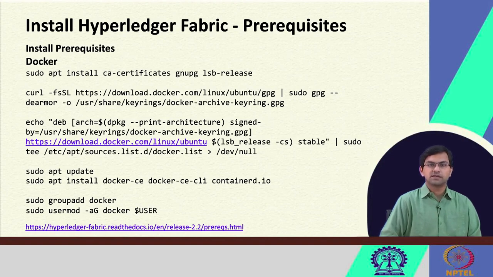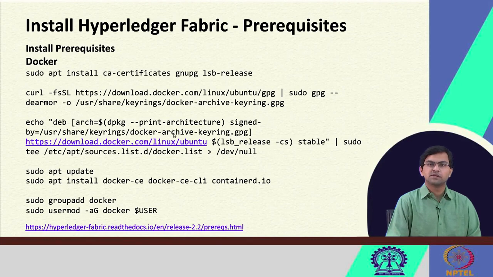But for using Hyperledger Fabric, it is necessary that you install Docker and then apply these two post installation steps of adding a group called docker and adding your own user to this docker group.